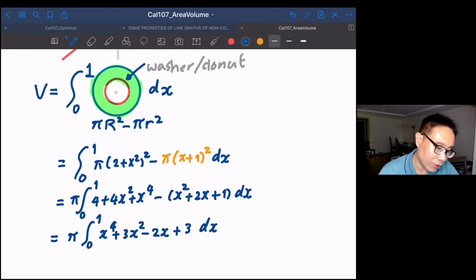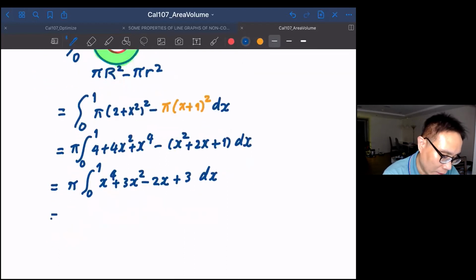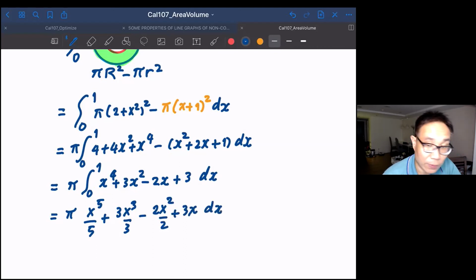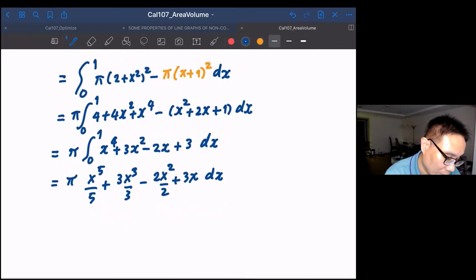And please integrate this one. So let me integrate this one. So it's going to be x to the 5th over 5, okay, and you're going to have 3x cubed over 3 minus 2x squared over 2 plus 3x. Okay, so you see it's not that bad a number.